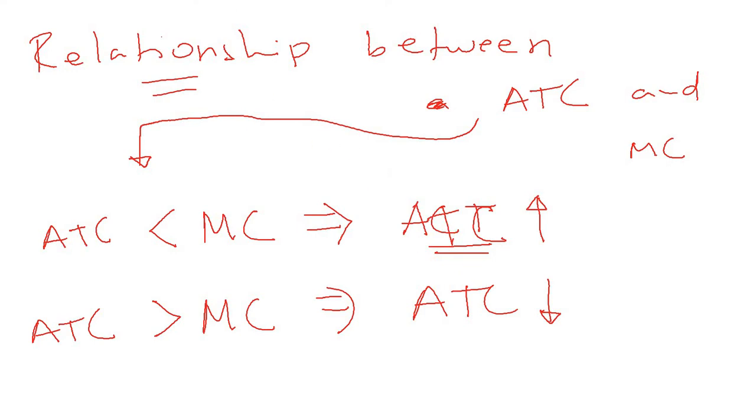Let me explain this briefly using the example of cricket. Let's say a batsman makes an average of 50 runs per match. That is his average score per match. Now, if in the next match he makes 100, that is his marginal run, like marginal cost. What is going to happen to his average?